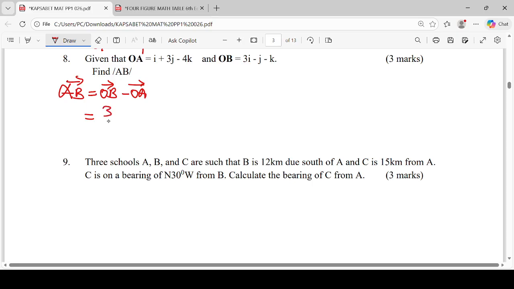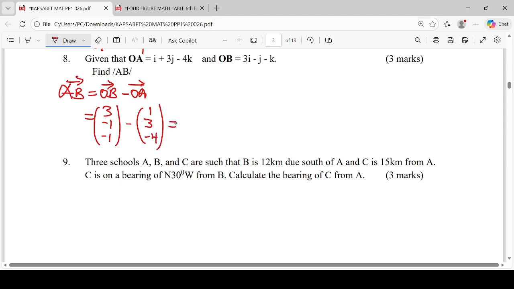The coefficient of j is -1, and the coefficient of k is also -1. Minus the coefficient of i in OA is 1, the coefficient of j in OA is 3, and the coefficient of k in OA is -4.